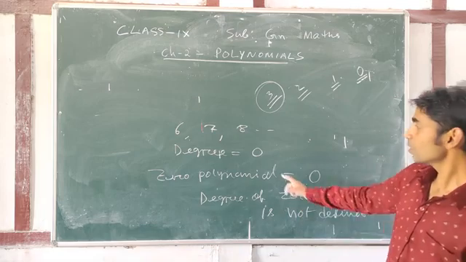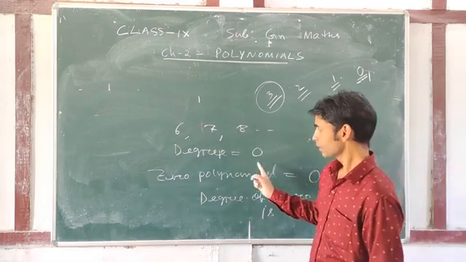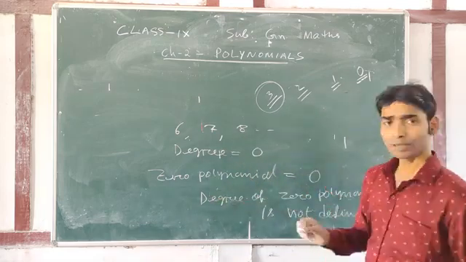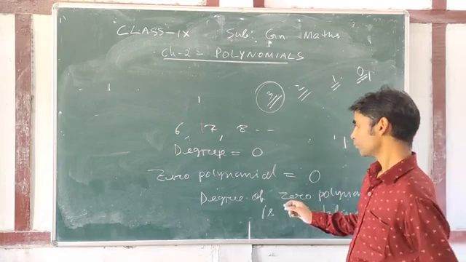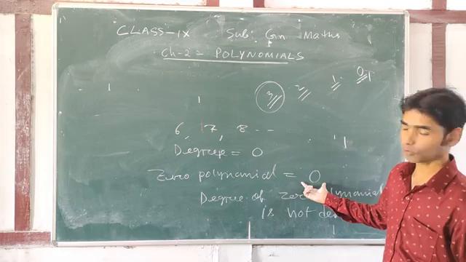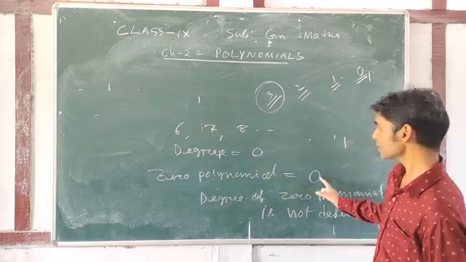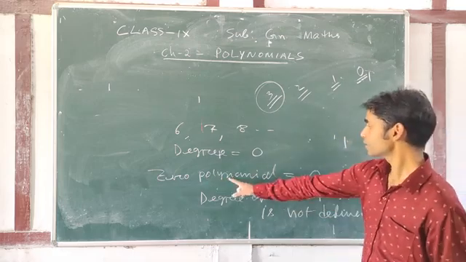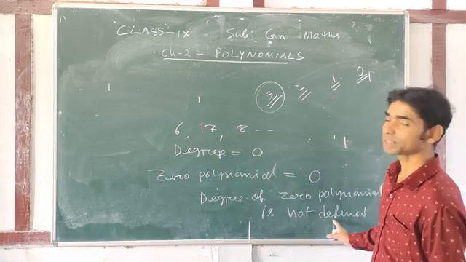Always remember, the degree of a constant polynomial is 0, and the degree of the zero polynomial is not defined. You have a habit of writing, when an exam asks what is the degree of the zero polynomial, instantly you write 0. That is wrong. The degree of the zero polynomial is not 0. The degree of the zero polynomial is not defined.